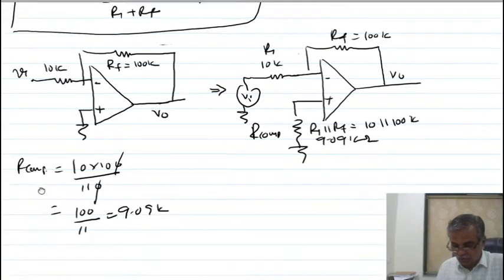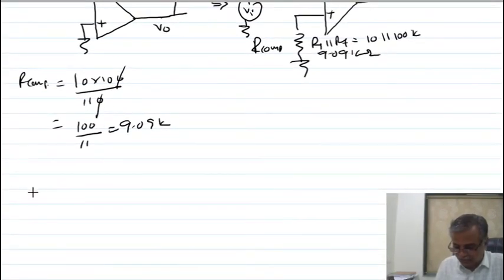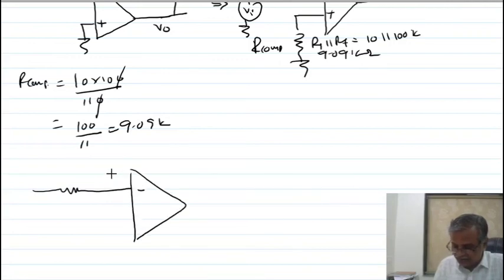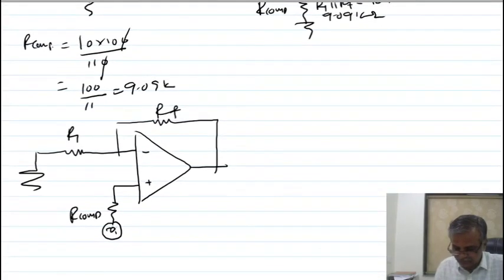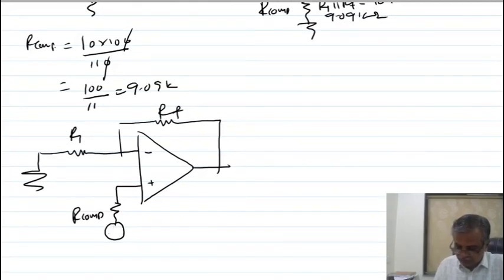So how to reduce the error in a non-inverting amplifier? For a non-inverting amplifier, you have to connect the R compensated resistor this way. Here you connect first R compensated, then you give your input signal.